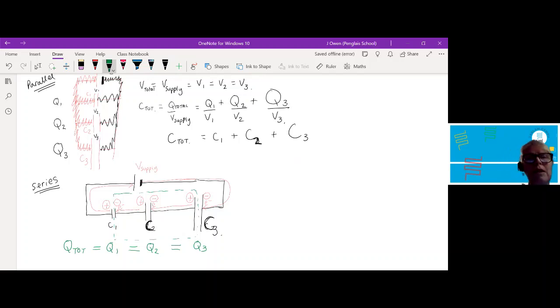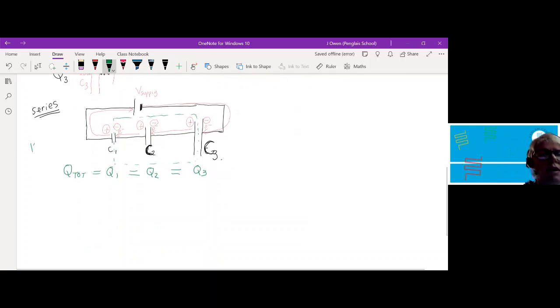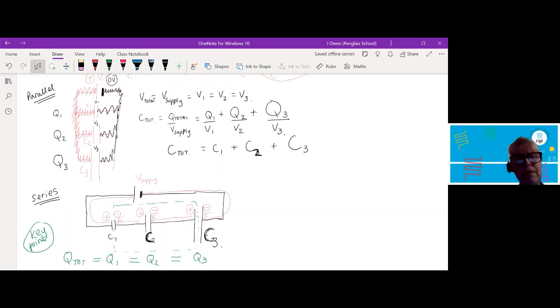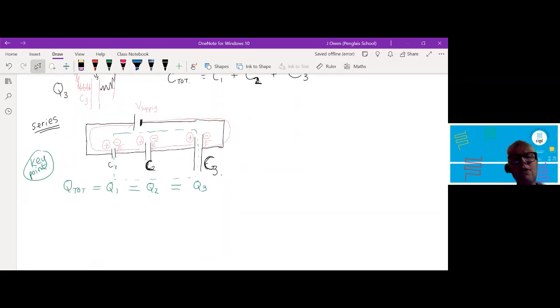And that's probably your key point to try and remember. In parallel, the voltage is the same. In series, the charge is the same across each of the capacitor plates.